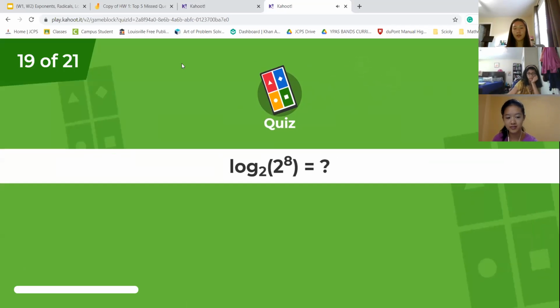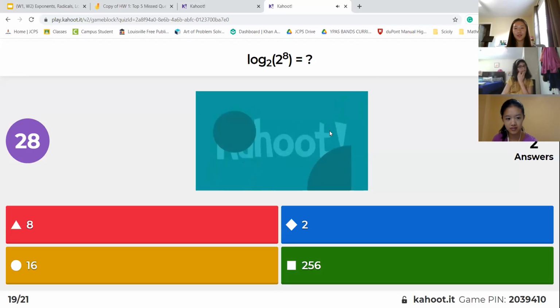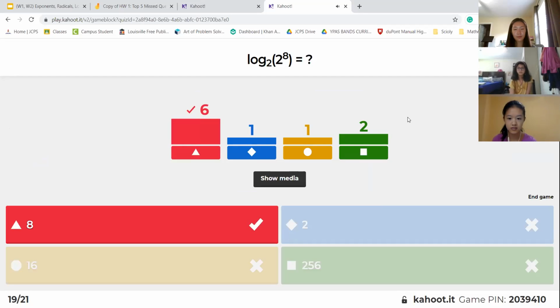Nice. You guys are all getting it right. This is similar to what we did today. One of the challenge problems. I think we had one that was like log base b of b to the x or something.